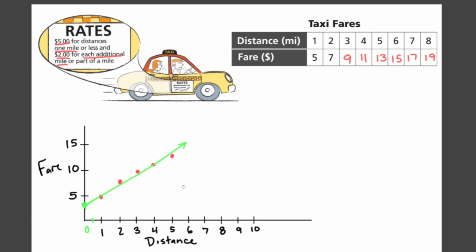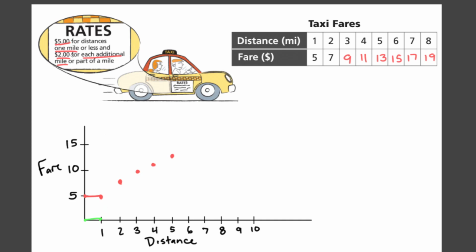I'm going to rewind and reset what this looks like. So once again, we know that from 0 to 1, this first mile that we go through, we are going to have to pay $5. So my graph starts at $5 and it stays at $5 for mile 1.